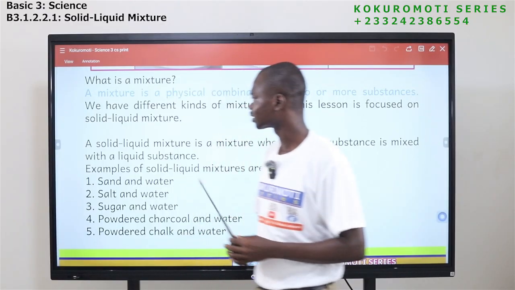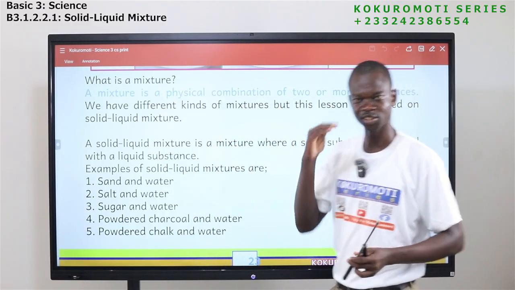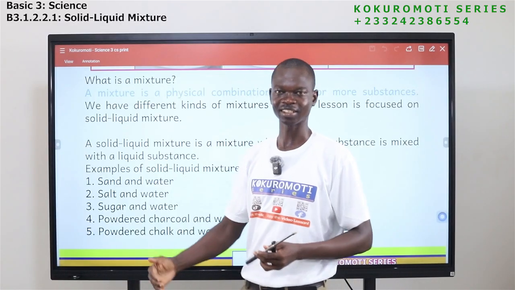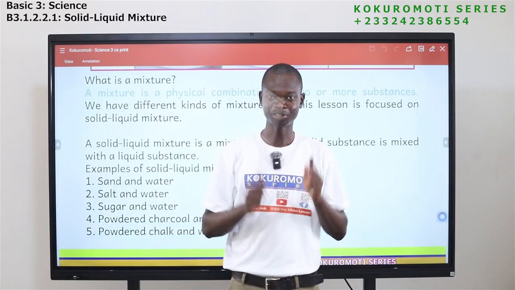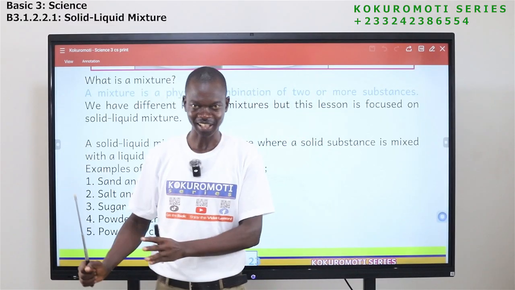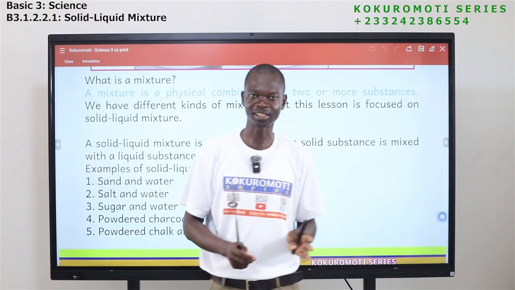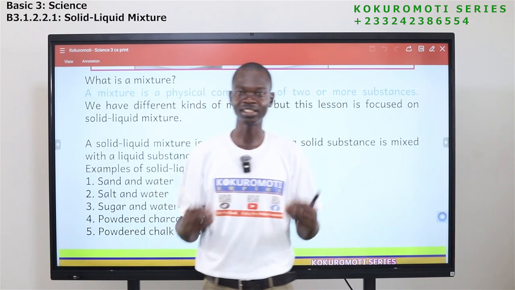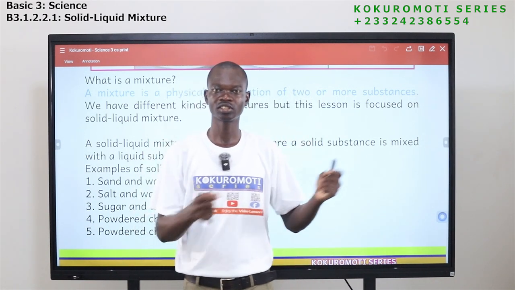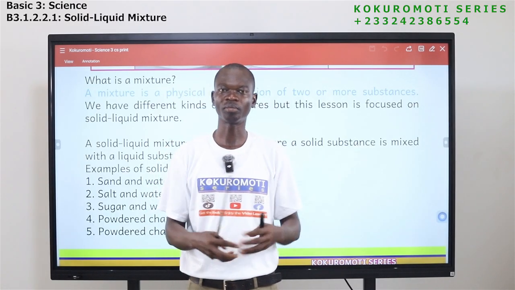We are going to look at solid liquid mixture. What is solid liquid mixture? You know what solid objects are, and you know what liquid objects are. So liquids are different and solids are also different. But in this case, we are going to use solid substances and liquid substances to form a mixture.